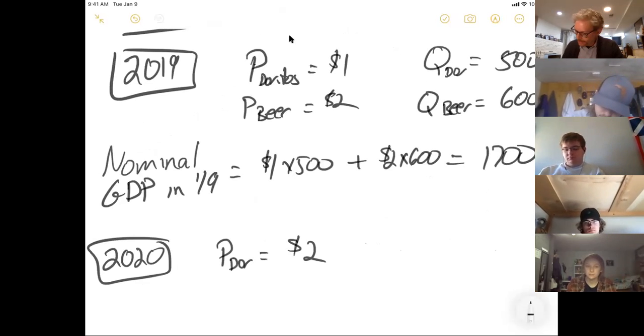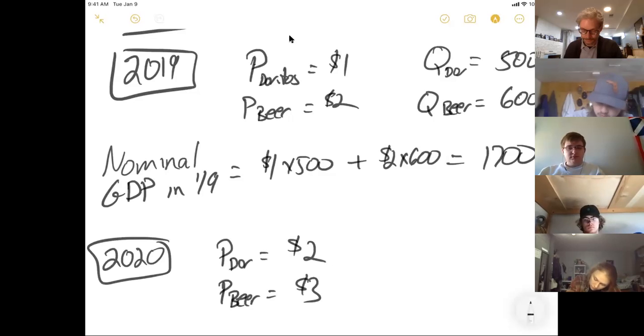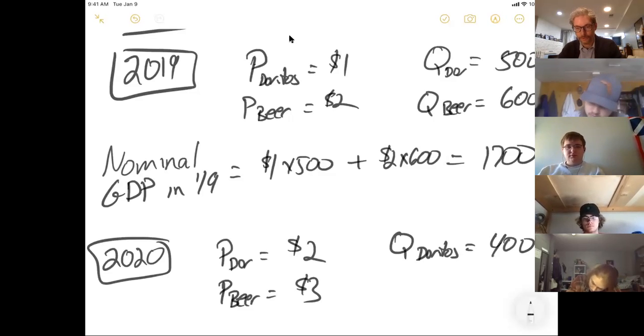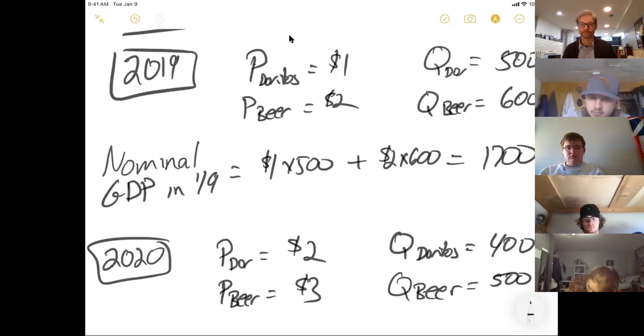Doritos have gone up in price, and so has beer. And the quantity of Doritos produced has gone down, and the quantity of beer has also gone down.